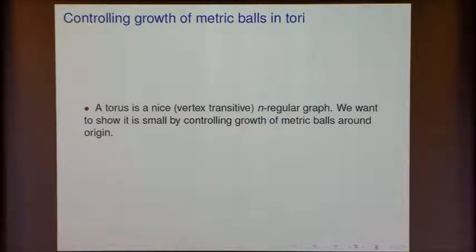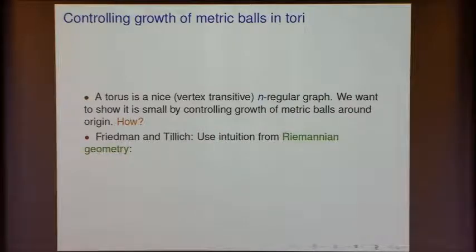Now we can forget about linear programming bounds and just ask ourselves, we have this graph. How can we control the growth of metric balls in this graph? So we are going to try to use this intuition of Friedman and Tillich that this point of view of Riemannian geometry is nice. In Riemannian geometry, they do have tools to prove upper bounds on growth of neighborhoods of a point by using curvature. So we have this notion of Ricci curvature.